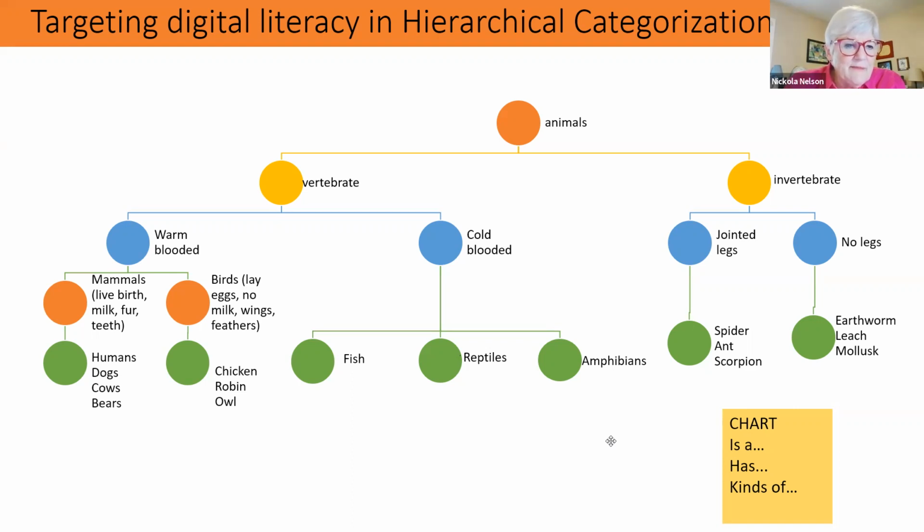What's the difference between a mammal and a bird? Well, mammals have fur. They have ways to feed their babies milk. They give live birth. They have teeth, usually. And birds lay eggs instead. They have no milk.